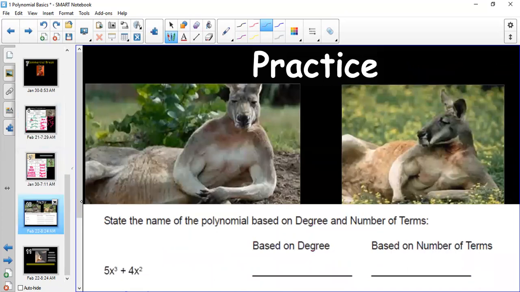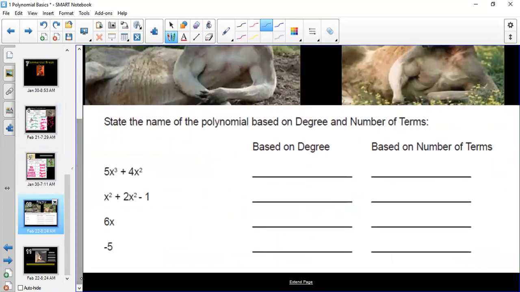Okay, so let's try to do both of these. So this is what your homework's going to look like. It's going to have you do 3 things. Okay, first thing is to put it into standard form. So I'm going to make another column here for standard form. Okay, so that will be step 1 of your homework.